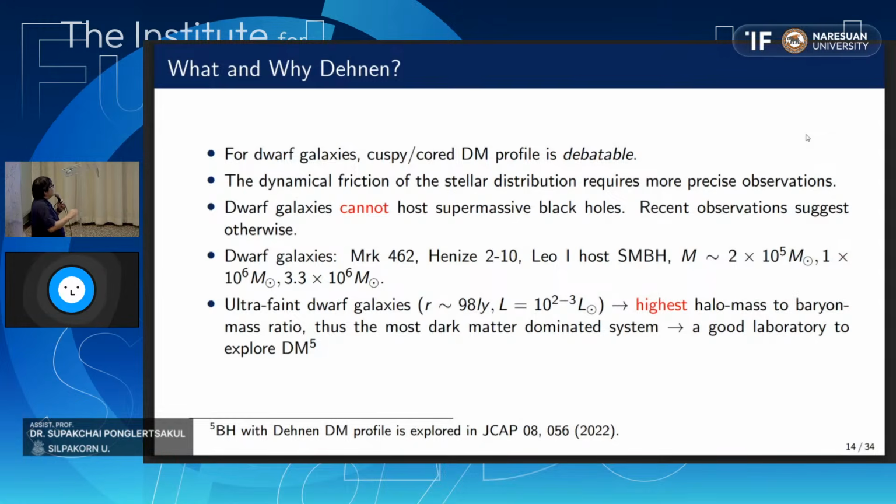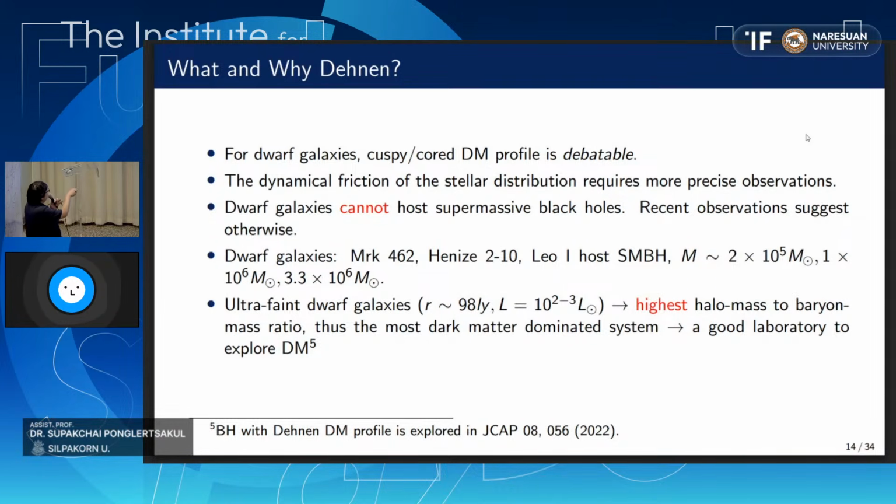So it's very dim and very small. Before this, people believed that a dwarf galaxy cannot host a supermassive black hole because it's too small. But some astronomers managed to confirm that for some dwarf galaxies it is possible to have not supermassive, but very high mass black holes, and in some cases even a supermassive black hole at the center.